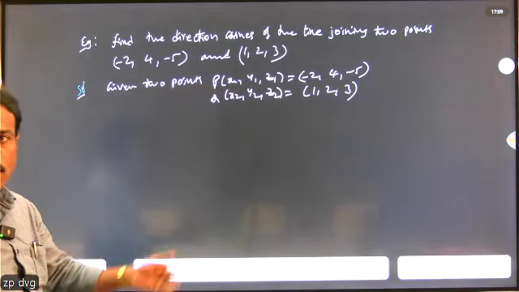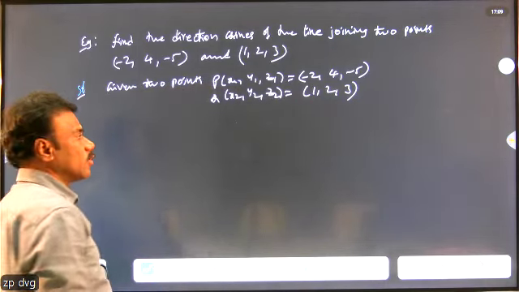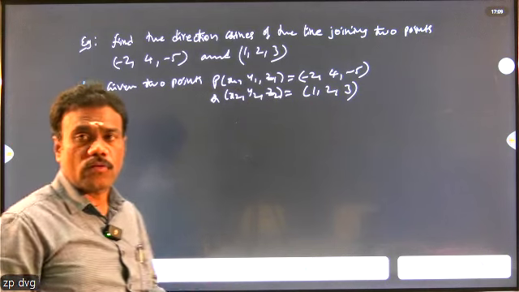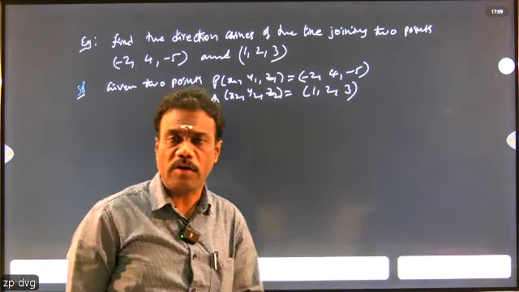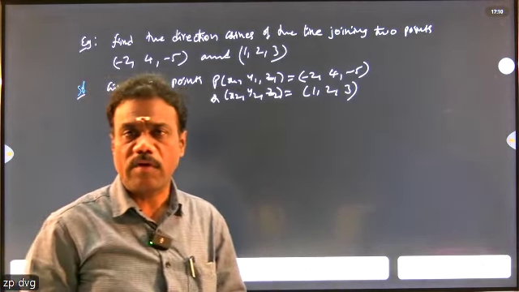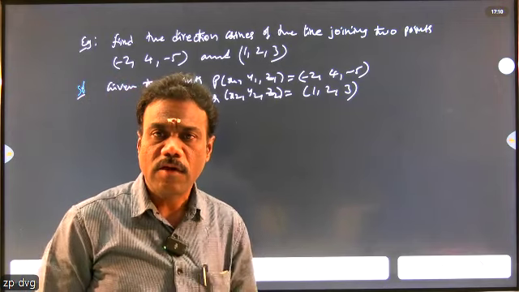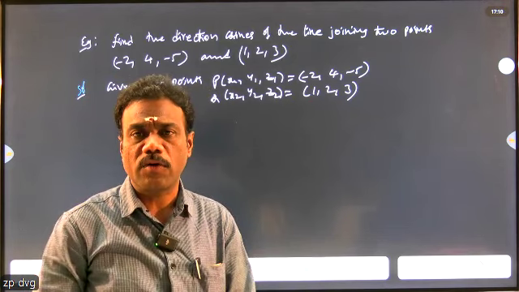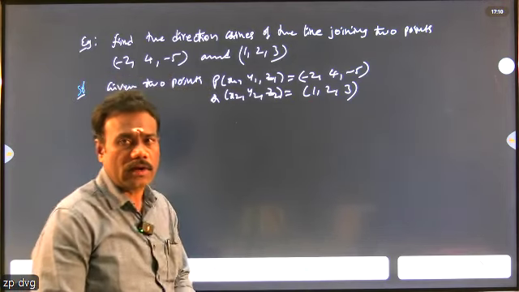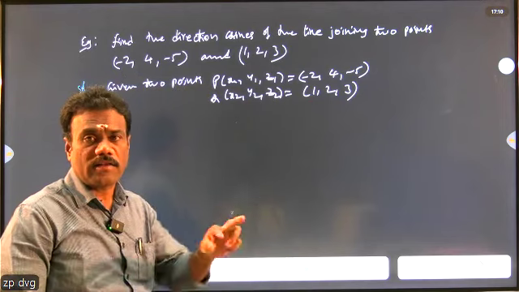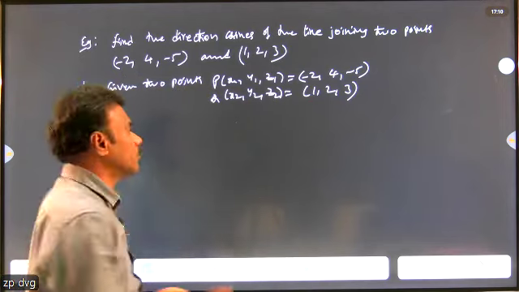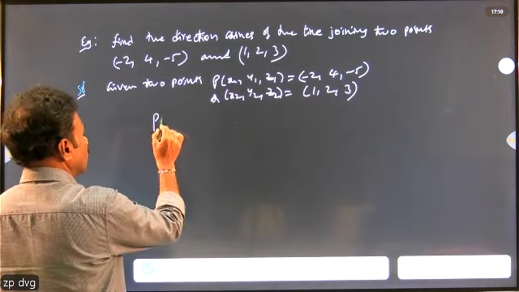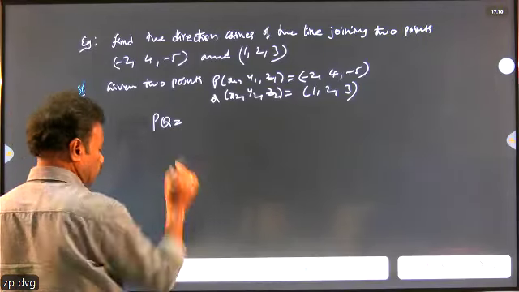So we have to find direction cosines. We know the formula for the direction cosines of the line joining 2 points x1, y1, z1 and x2, y2, z2: you will get x2 minus x1 by PQ, y2 minus y1 by PQ, z2 minus z1 by PQ, right? So first we will find the distance between the 2 points P and Q.